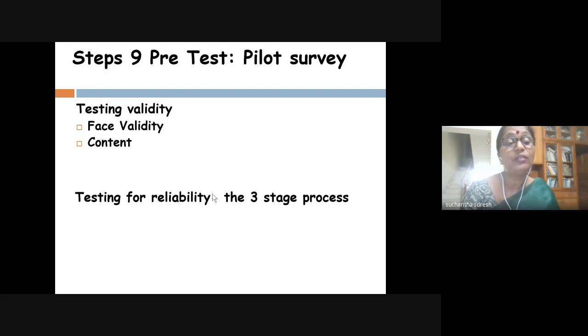Content validity means the researcher has to give your questionnaire to three, four people minimum to read. If there are any problems, in the sense that certain questions are not addressing your objectives or are not necessary, or some questions have been missed from your side, they have to give you such information. So that's why content validity is very important.